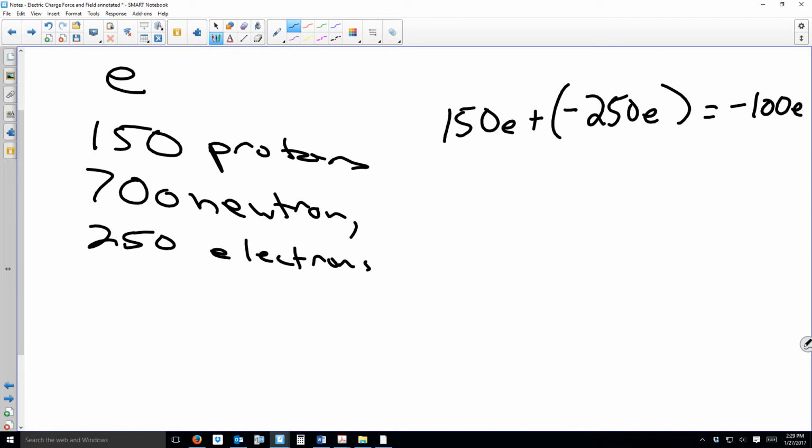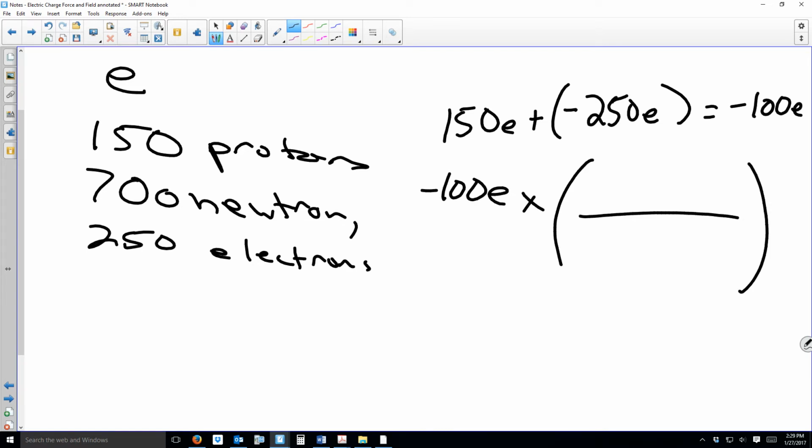And again, that's nice for just saying whether an object is positive or negative, but if we want an actual number that we can use in calculations, we have to convert 100 electrons. That is elementary charges. It's just a label. No, this e is not your natural log e.